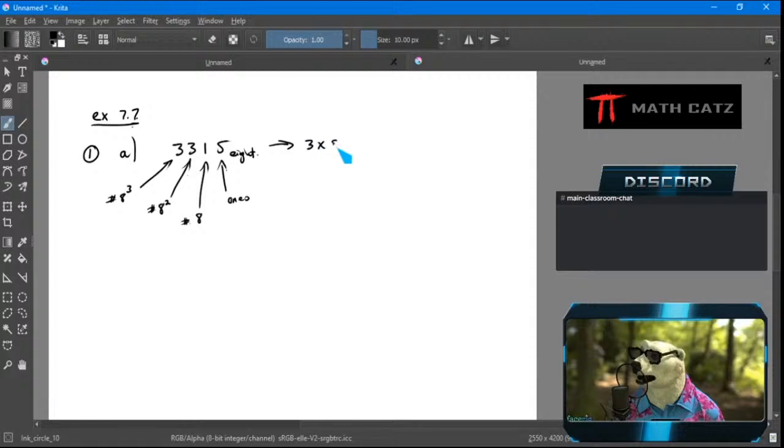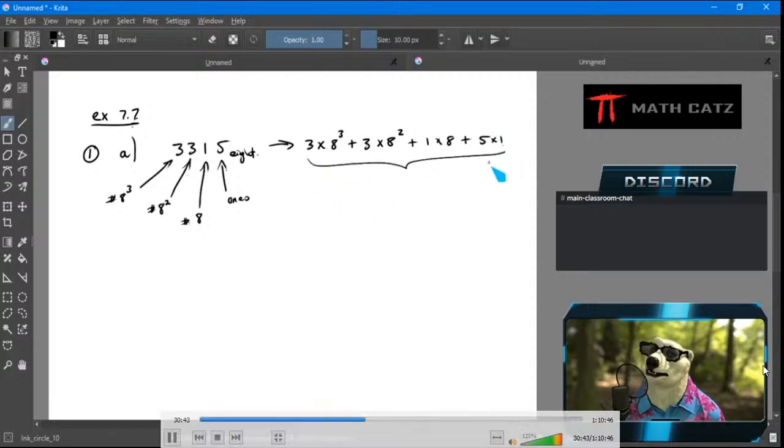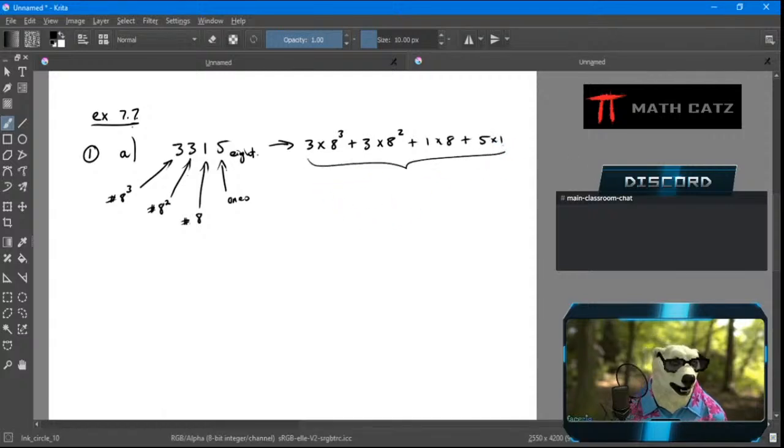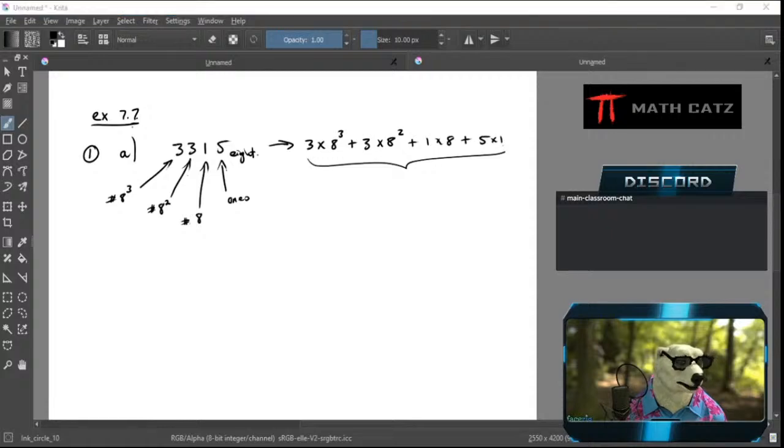3 groups of 8 cubed plus 3 groups of 8 squared plus 1 group of 8 plus 5 left over, or 5 ones. Now, these might be a little bigger, so it's perfectly fine to get a calculator and see if you get the same answer as I do.